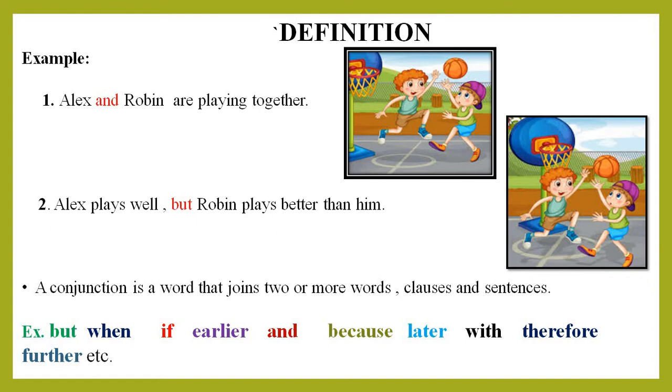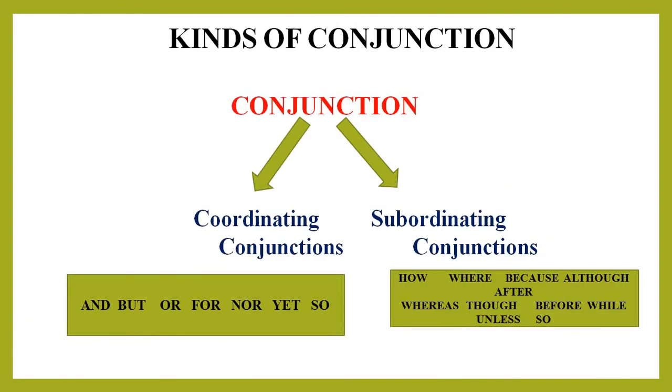In this way, my dear students, a conjunction is a word that joins two or more words, clauses, and sentences. You can see here some connector or conjunction words like but, when, if, earlier, and, because, later, with, therefore, further, etc. Dear students, here are the kinds of conjunctions.